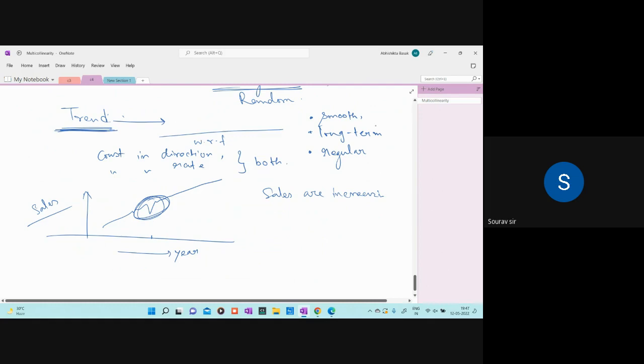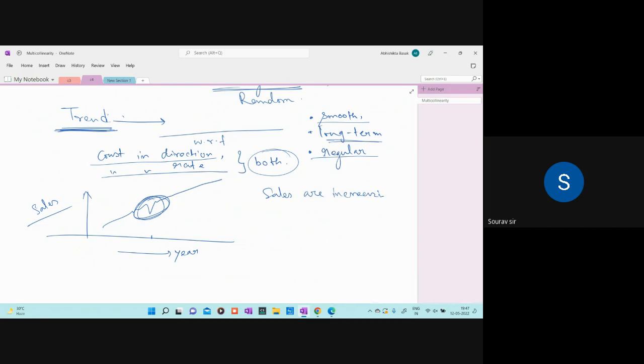But the trend is smooth and long term, so it does not reflect a constant change in direction, in rate, or in both over the long term. It is regular and smooth, and frequent small changes are not captured by the trend. This is one of the main features of the trend.